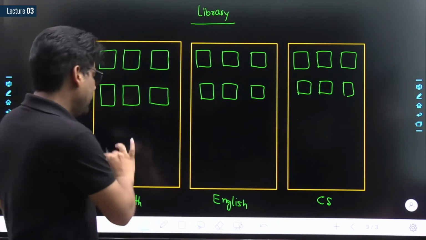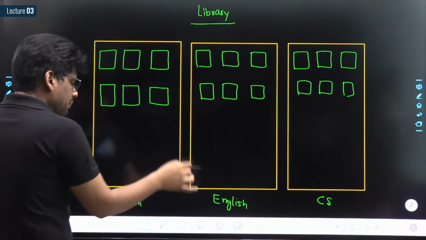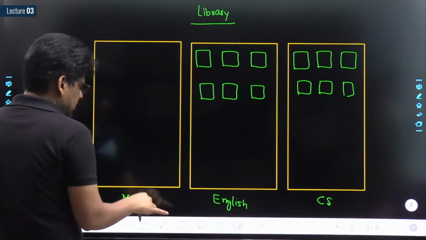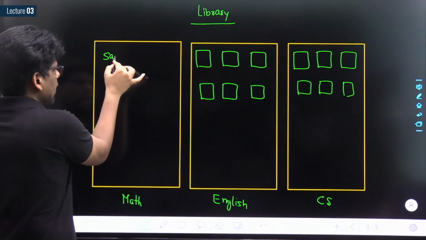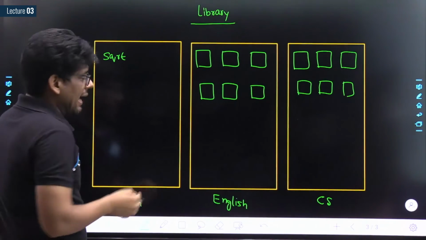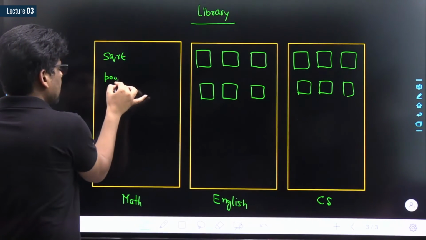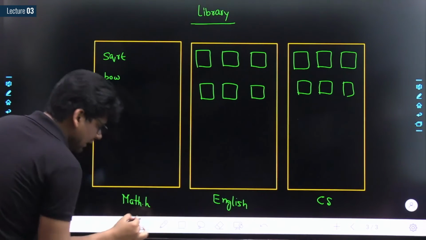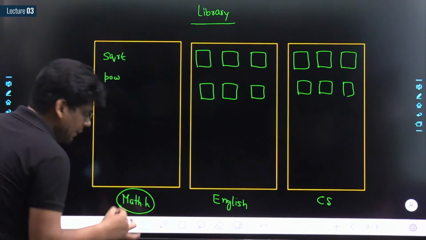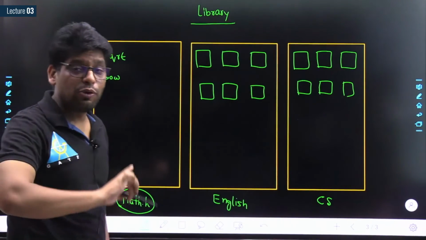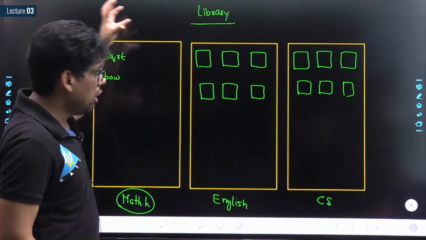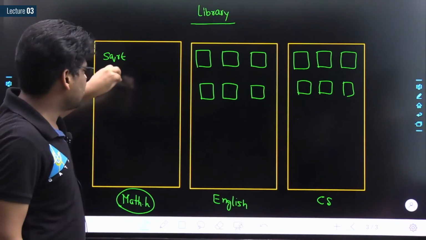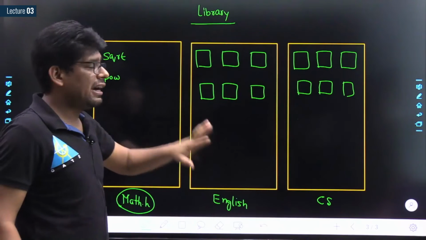All math related functions, like square root and the power function, are placed in a header file called math.h. I am talking about the programming language. All functions related to math are placed inside the math.h header file.